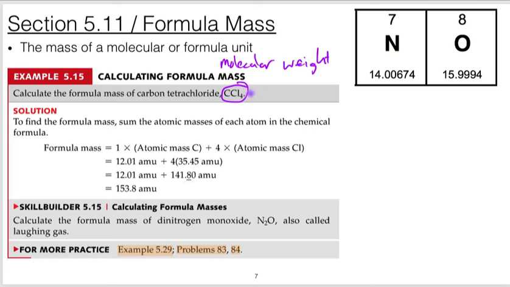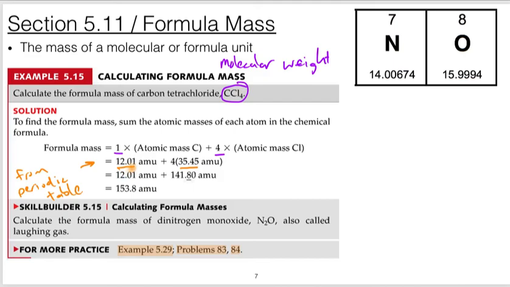And all you're doing is you've got to interpret the formula correctly. So there's 1 carbon, there's 4 chlorines, and then you go to the periodic table. Each carbon weighs 12.01. This is the average atomic mass. Each chlorine weighs 35.45 AMU.